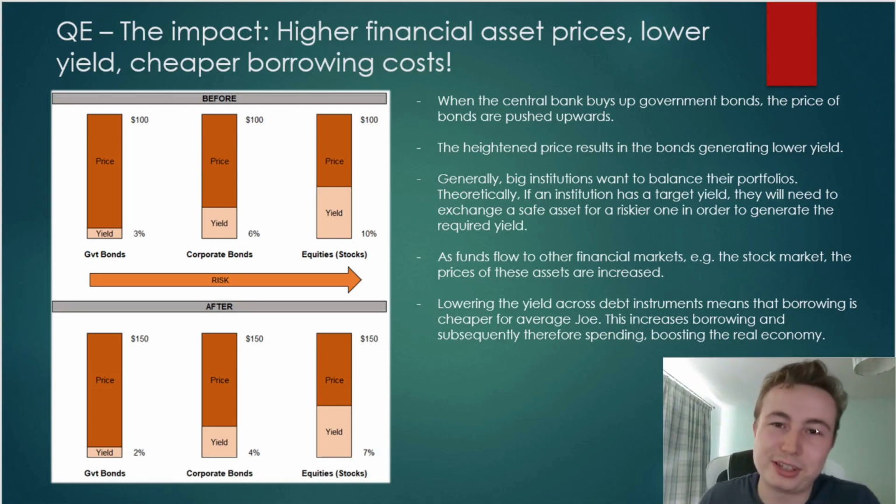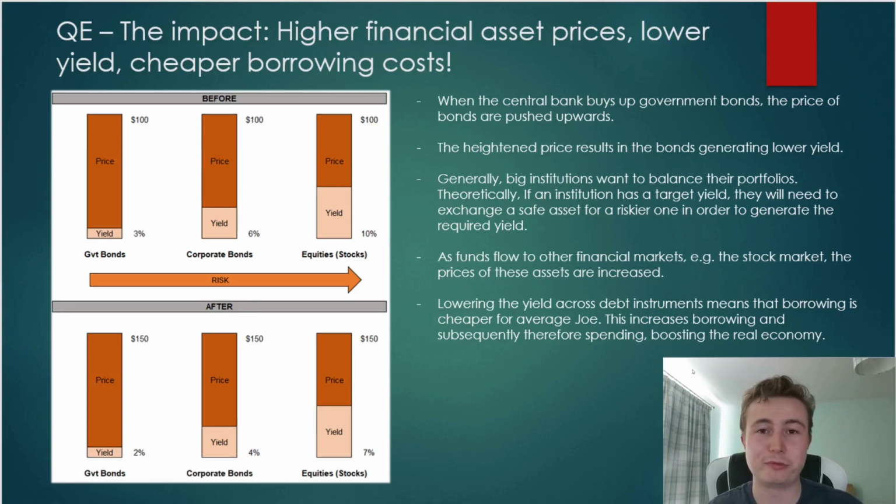Now, this makes sense if you think about it. So if the yield on, for example, corporate bonds decreases because of quantitative easing, then that is essentially saying the cost of borrowing for companies has decreased, and therefore interest rates have decreased. So that's good for everyone, well, everyone that wants to borrow anyway.